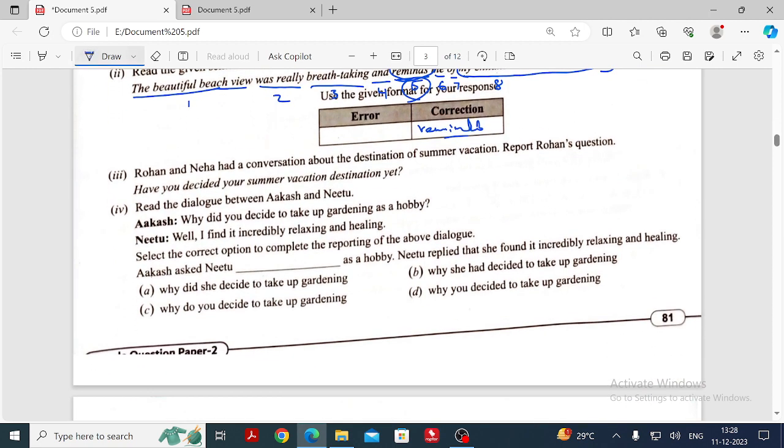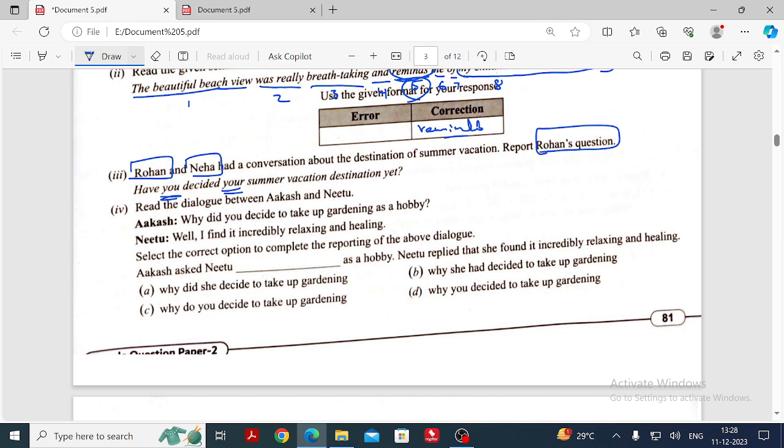Rogan and Neha, two different genders. While writing the answer, you should remember who you represent, whether Rogan or Neha. You have to be very careful because we should use the pronoun either he or she, or his or her summer vacation. Then this conversation is about the destination of summer vacation, and we report Rogan's question.